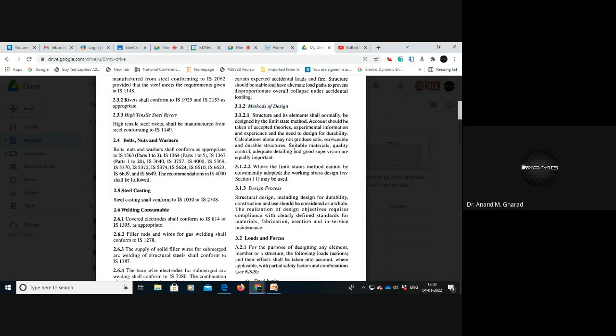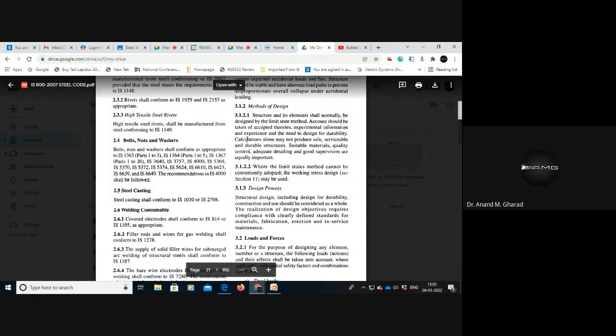See why this statement is made, because there are a number of mishaps happening. Sudden failure of bridges, flyovers, or any structure, although they are constructed recently, isn't it? They fail. But you cannot blame any structural designer directly. You have to first see what was the cause of the failure, and that failure may be because of this.